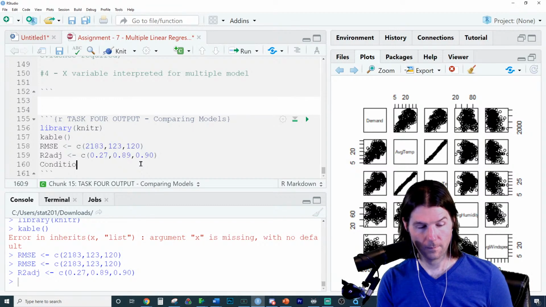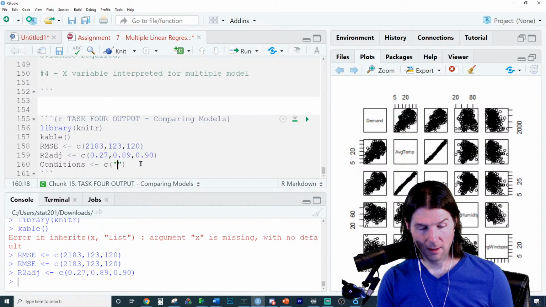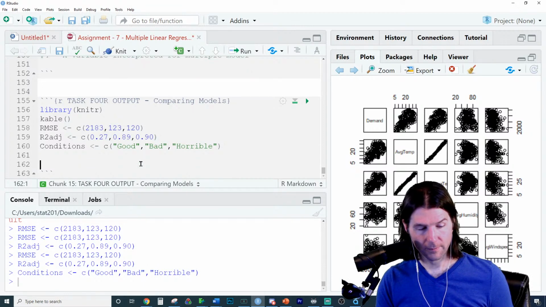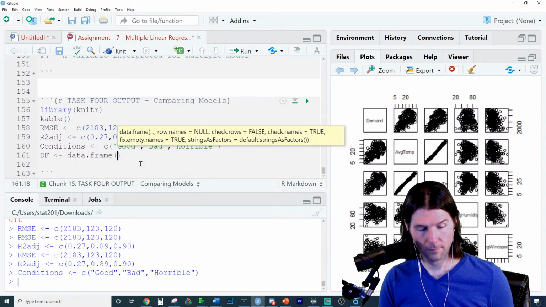And everyone's going to do this now. I'm okay with that. I'm just doing it the quickest way I'm going to do it. RMSE. And then I'll explain what I'm doing right here.